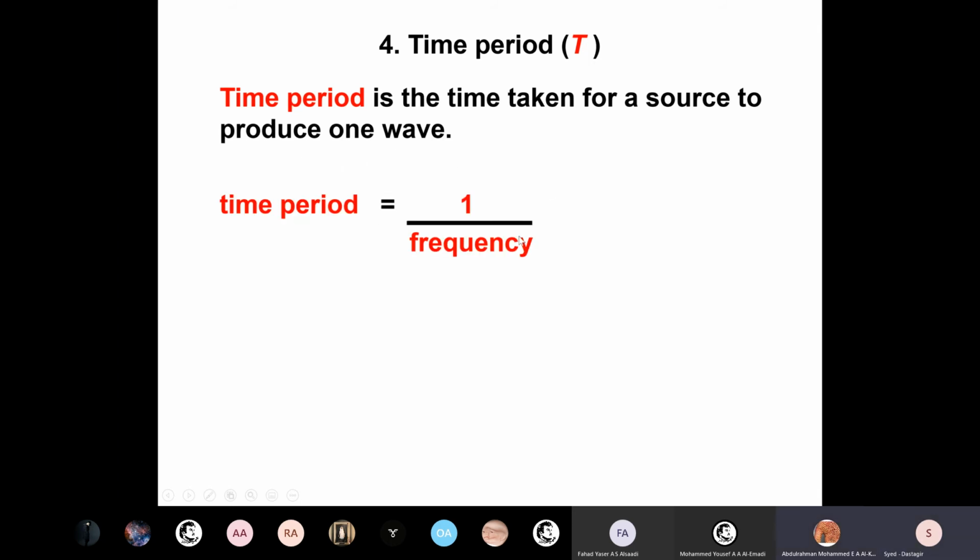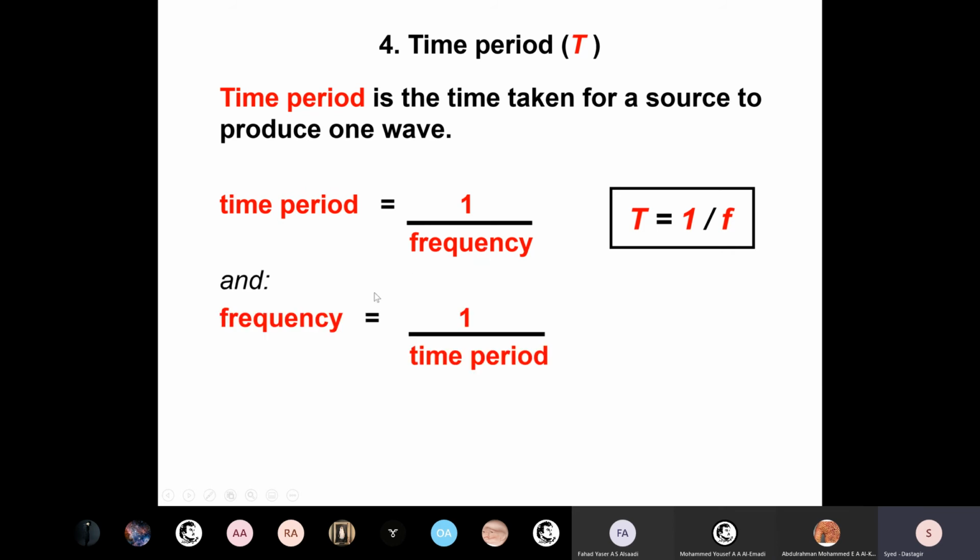Time period equals 1 over frequency. You need to write this down, guys. So T equals 1 over F. Everyone with me, yeah? You can write this down in your books if you like. So frequency must mean basic algebra, guys. You should know this from maths.